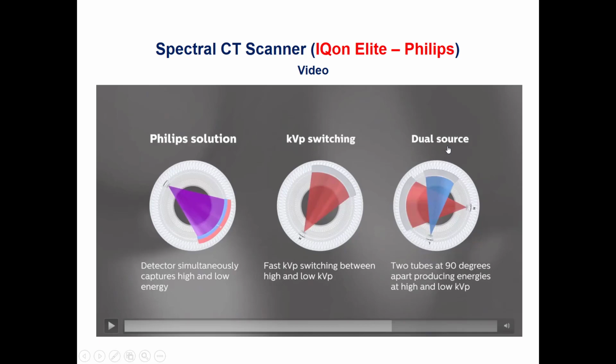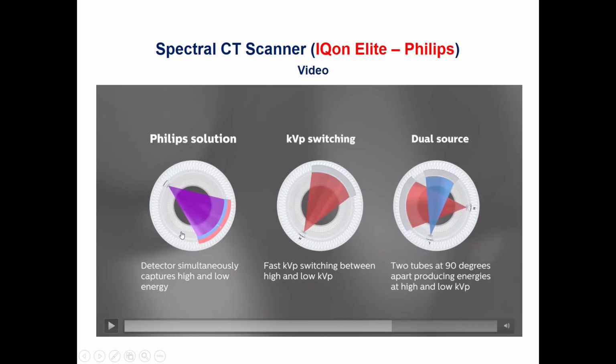We have two X-ray tubes and two detectors, so either we have one X-ray tube and one detector and we make switching between the kV, sometimes 90 kV, another time 140 kV, or we have two X-ray tubes, one for 140 kV and another one for 90 kV.